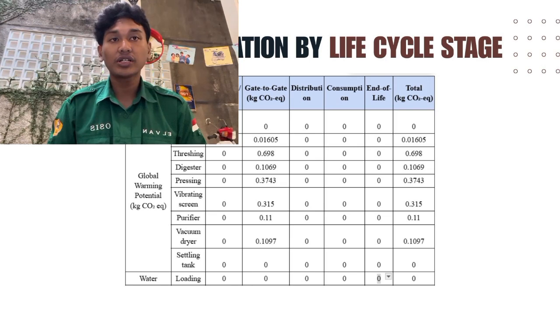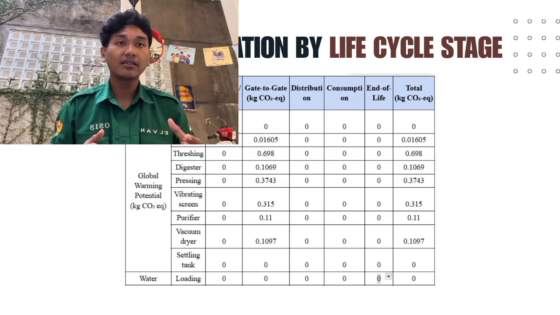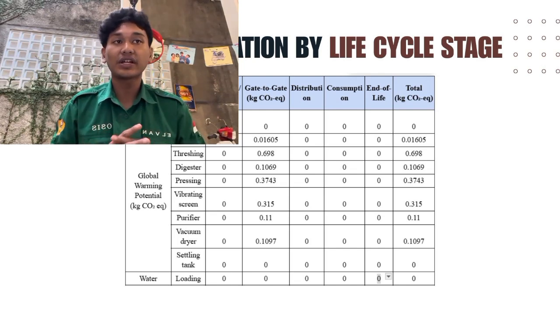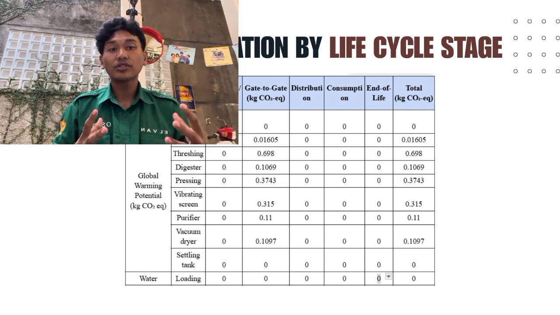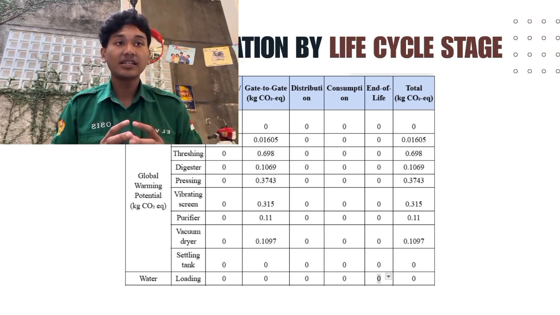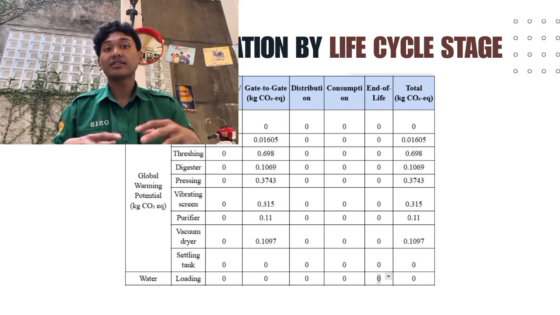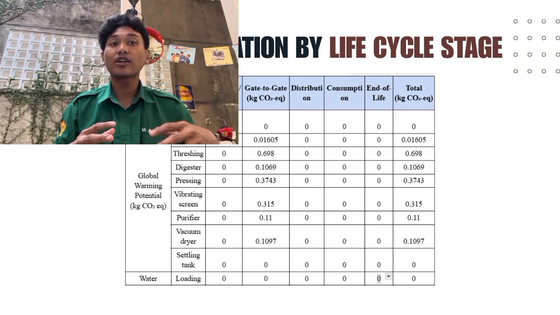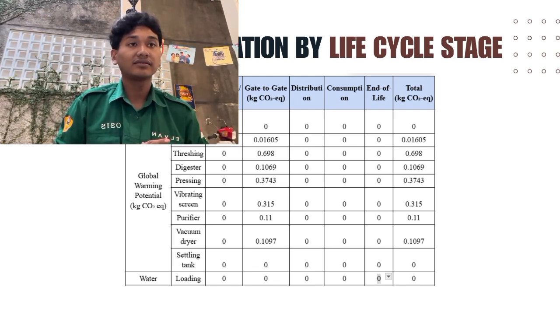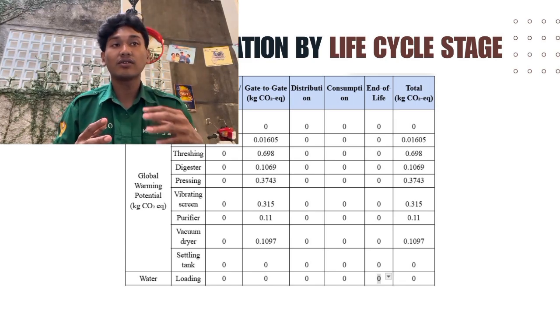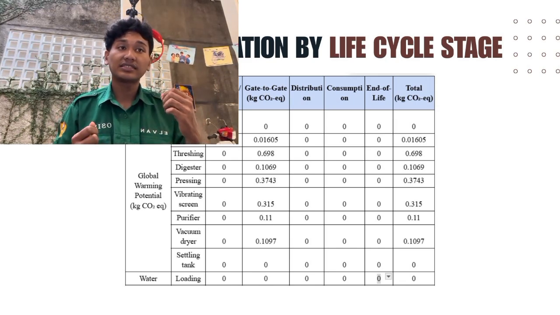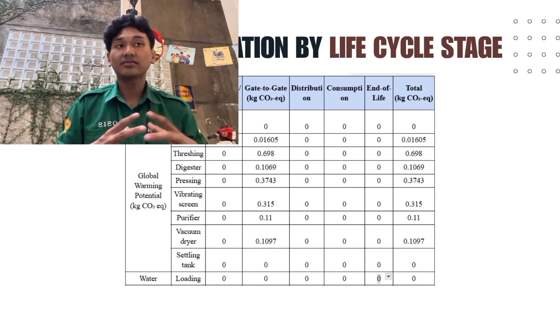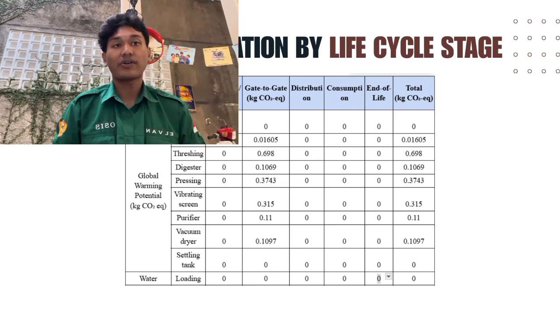For global warming potential, there are several processes that contribute, but the hotspot is threshing, because threshing uses a lot of electricity, and that electricity produces kilograms of carbon dioxide equivalent. Threshing produces 1.698 kilograms of carbon dioxide equivalent.